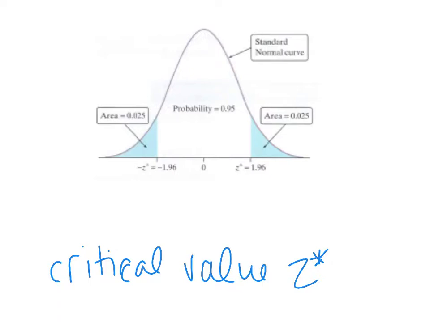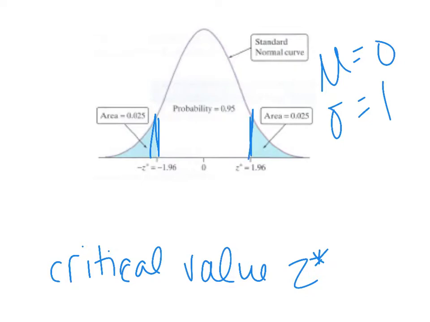So let's look at this standard normal curve that we have here. Remember, the mean for the standard normal curve is 0, and the standard deviation is 1. If we were looking for 95% confidence, this probability here is equal to 95%. So on each tail, we have 2.5%, or an area of 0.025.